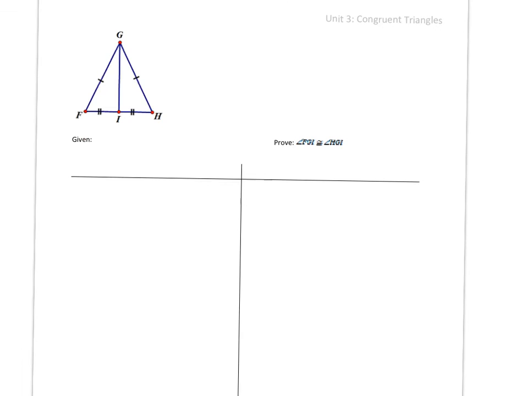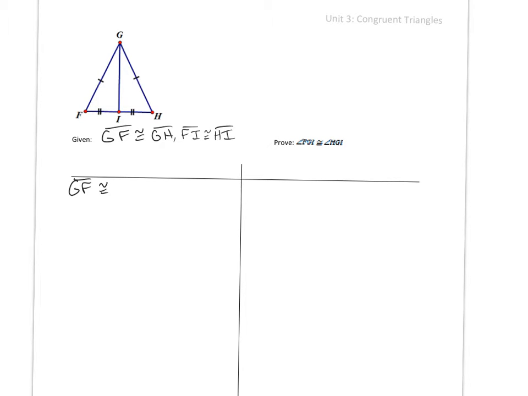So let's take a look at an example. So here I'm given that GF is congruent to GH, and that FI is congruent to HI. So that will be my very first step, listing out my givens.